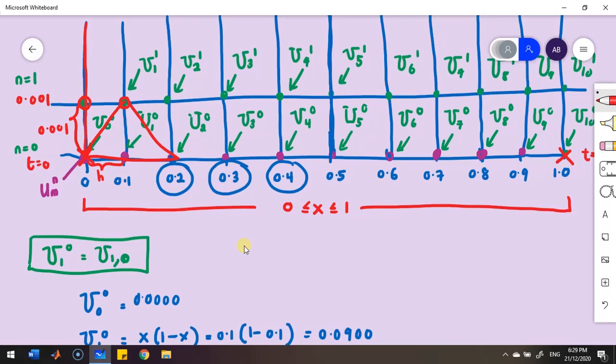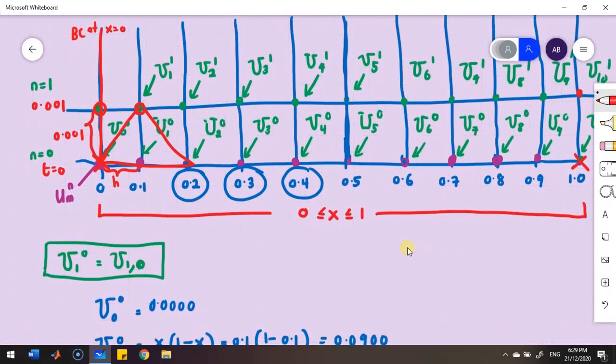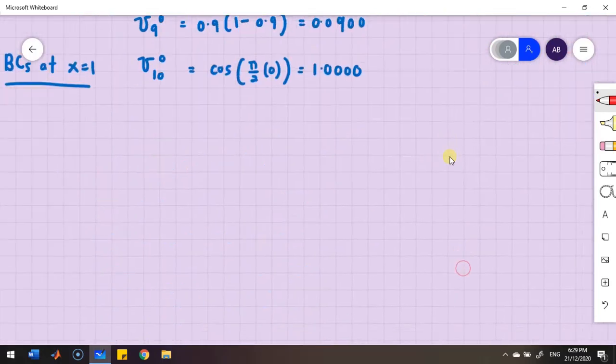This is the boundary condition at x equals to 0, and this value here is also a given boundary condition at x equals to 1. What is the u term here that you write? This is U0,1. So we need to find U01.